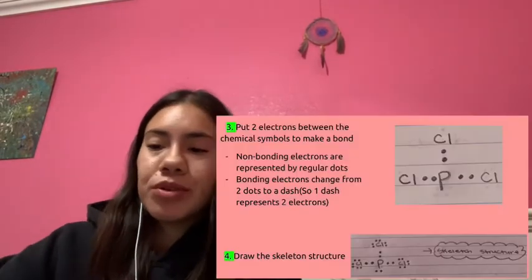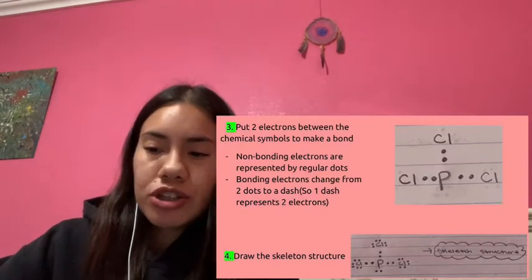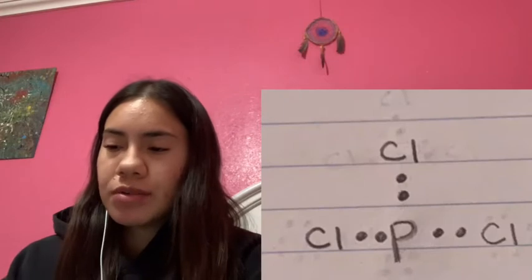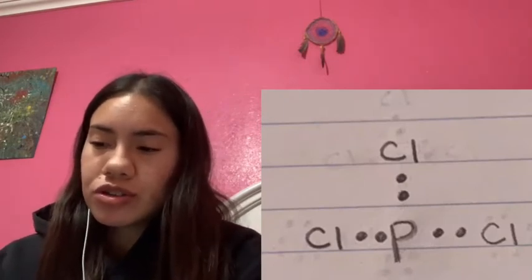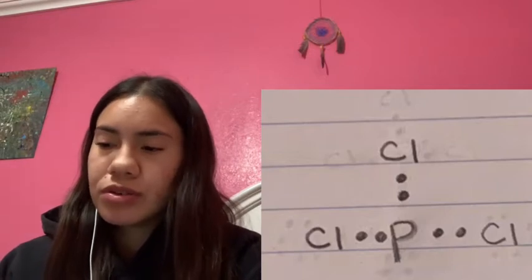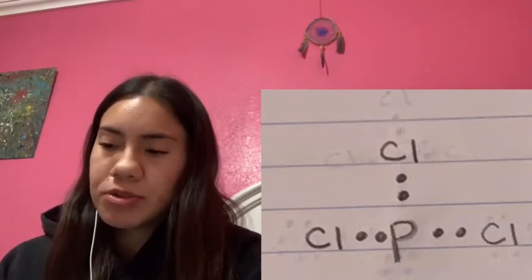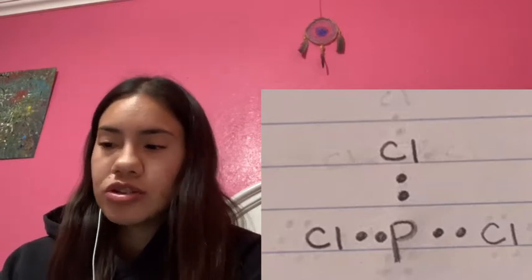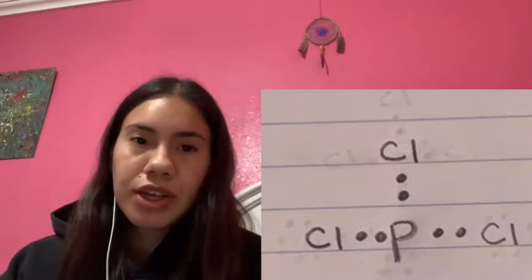Step 3 is to put 2 electrons between the chemical symbols to make a bond. In the image, you see how there are 2 electrons between each symbol: 2 electrons on the top, and 2 electrons on each side, both left and right, to connect the different chemical symbols.